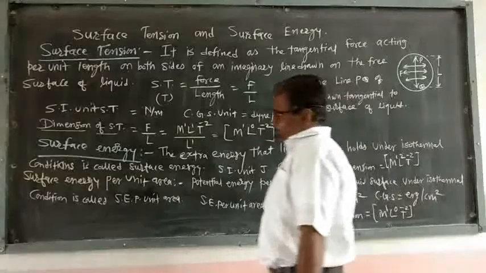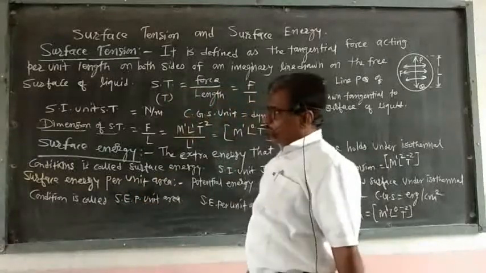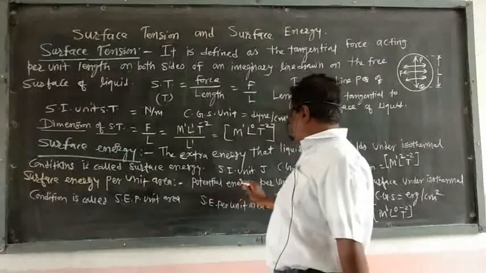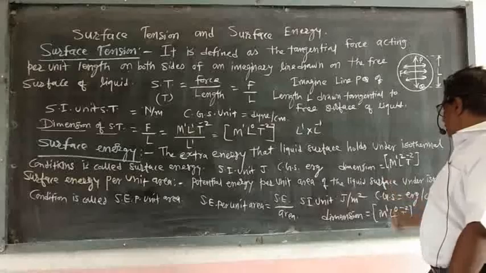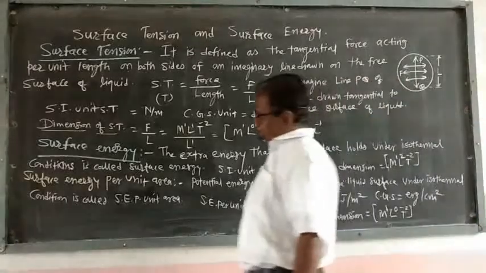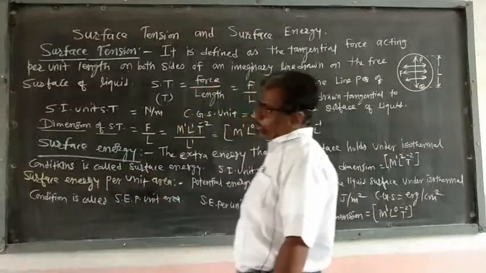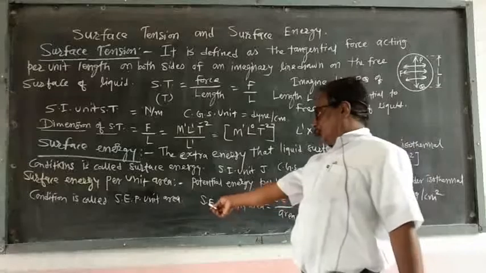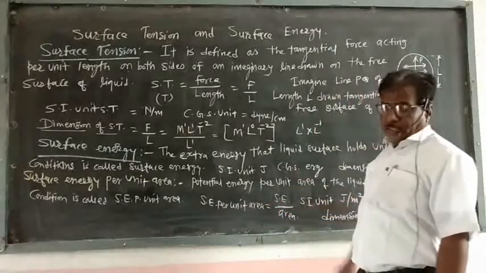Similarly, we can define surface energy per unit area. Surface energy per unit area is defined as the potential energy per unit area of the liquid surface under isothermal conditions. So the formula is surface energy per unit area equals surface energy upon area.